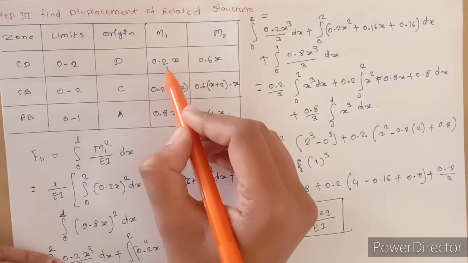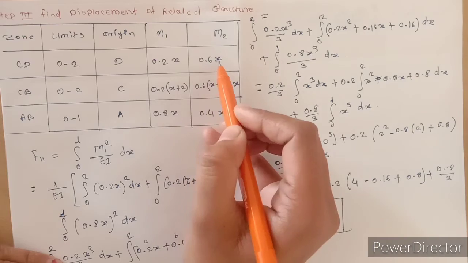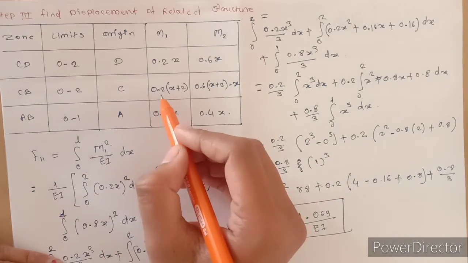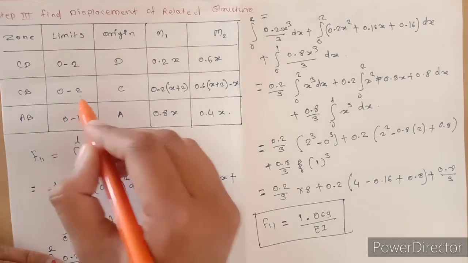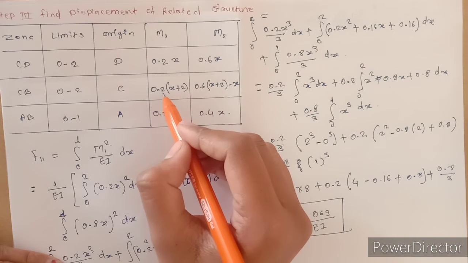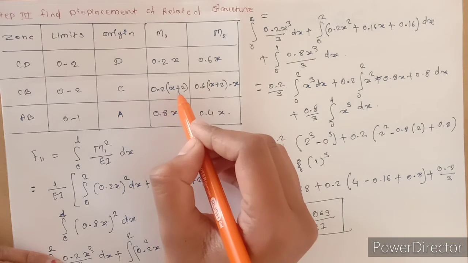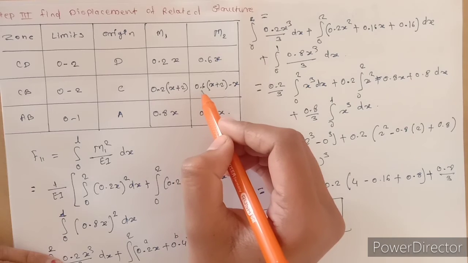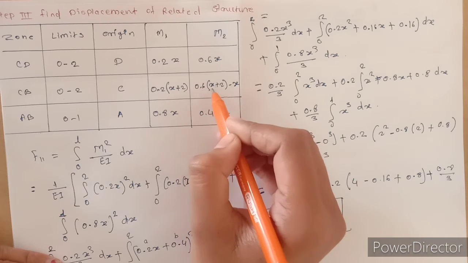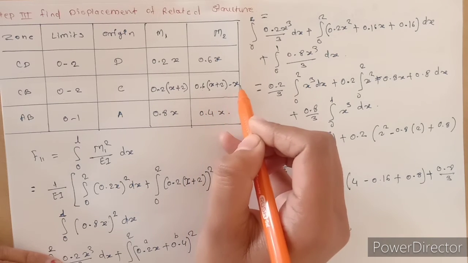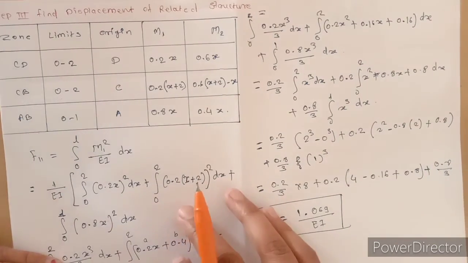So CD, 0.2x multiplied by 0.6, and again put limit integration 0 to 2, into 0.2 in bracket x plus 2, and then another bracket is 0.6 in bracket x plus 2 minus x. Similarly for the AB zone.